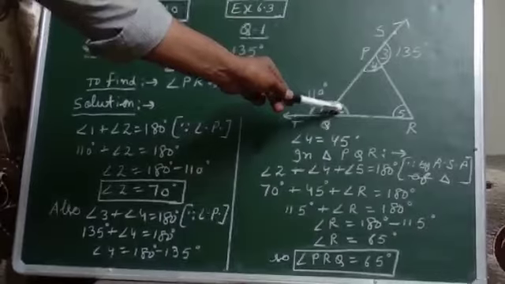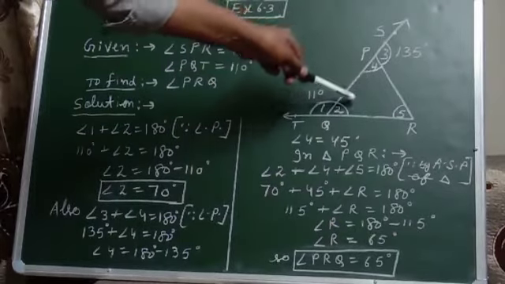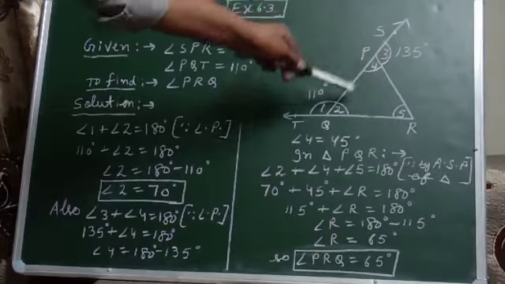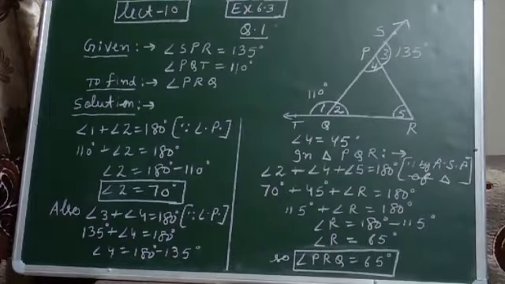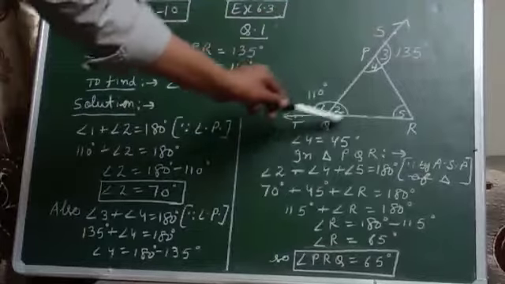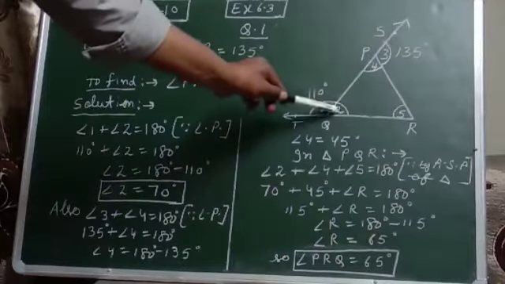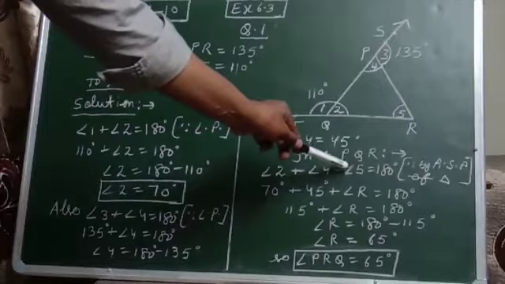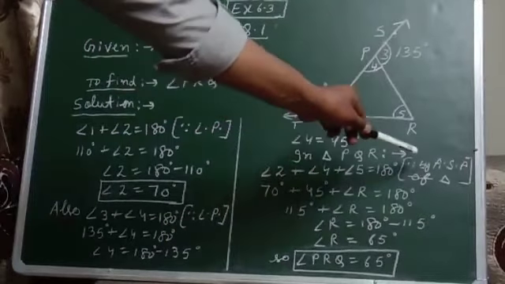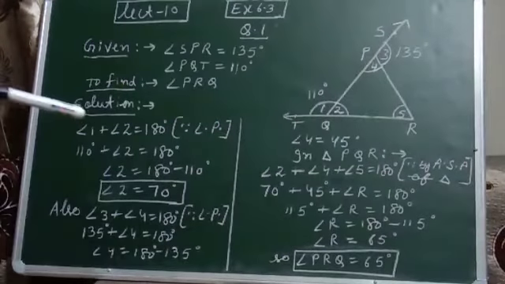Now we know angle 2 and angle 4. If in a triangle the values of two angles are known, then we can apply the angle sum property. So let us take this triangle PQR. Here angle 2 plus angle 4 plus angle 5 equals 180, the reason being the angle sum property of a triangle.